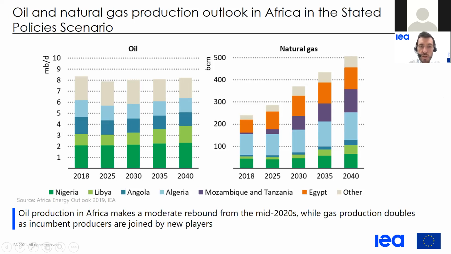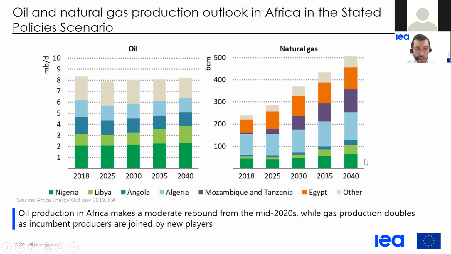Due to the huge discoveries and resources we just mentioned, we expect Africa to play a much stronger role in the provision of international markets for natural gas, more than doubling its current level of production by 2040.